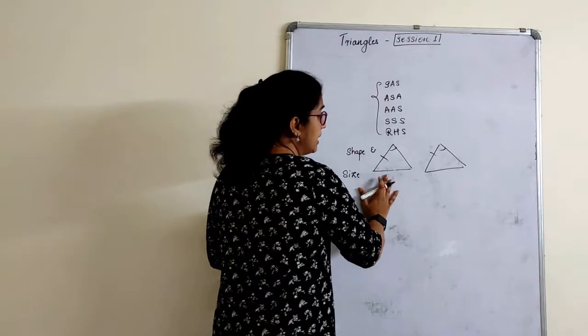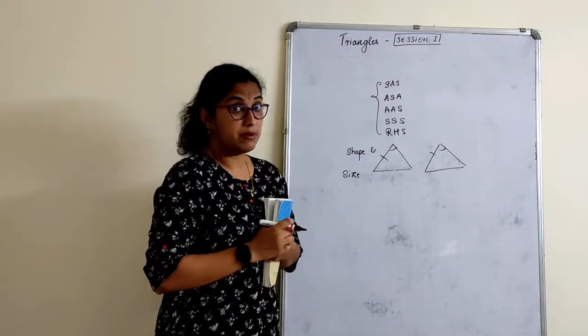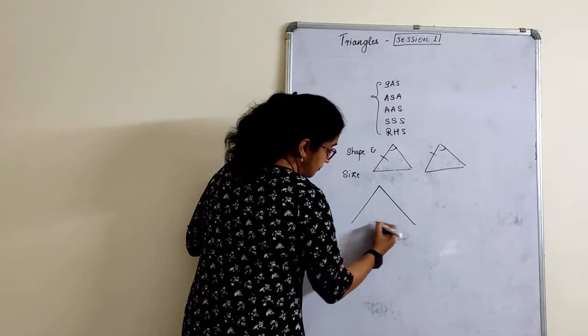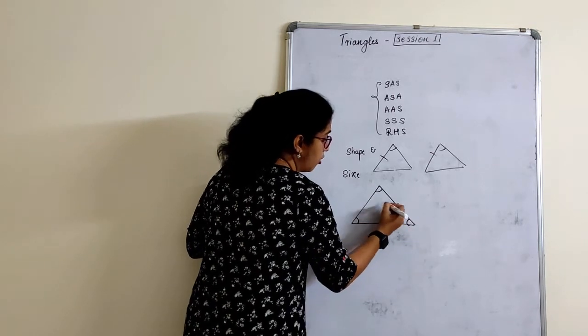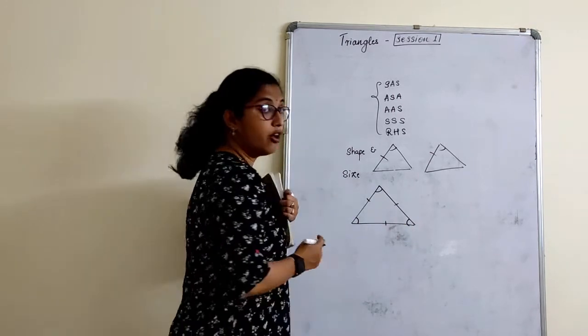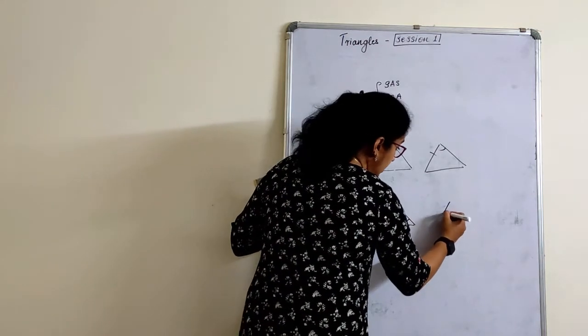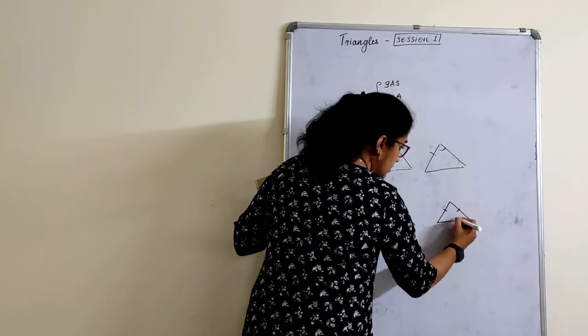Now for example, these two triangles are congruent. Of course yes, they are similar too. Suppose I draw a triangle, now this is an equilateral triangle where all the sides are equal and all the angles are equal to 60 degree. I will draw another equilateral triangle, right?